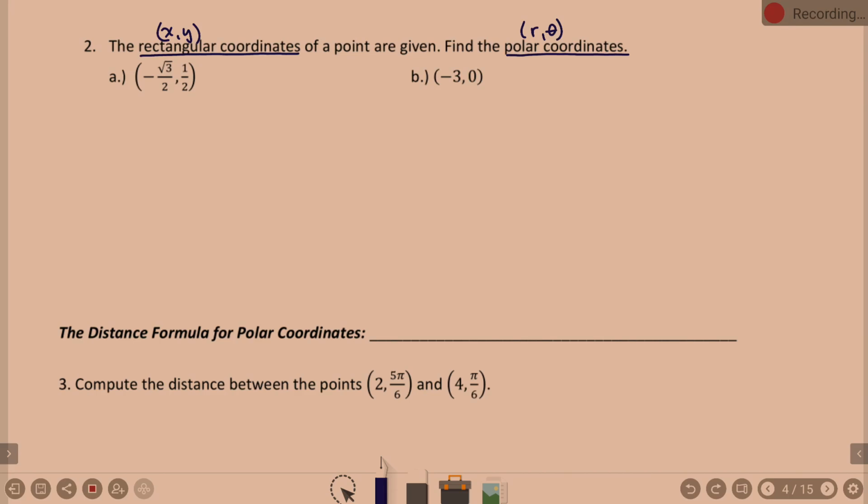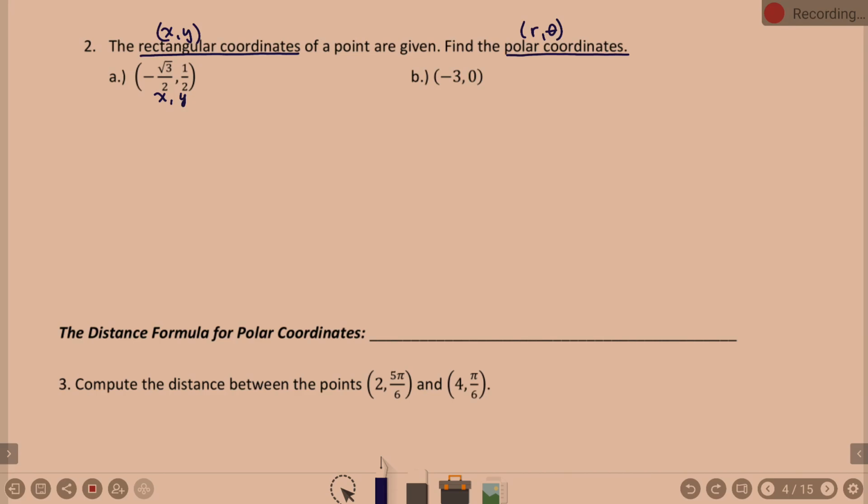Now, you might look at this first part A and think, oh, those are fractions, radicals, yuck. But in reality, they're good values for what we're doing. I would say we use the fourth one, x squared plus y squared equals r squared. We can find r, and we plug them both back into the two equations we just used.